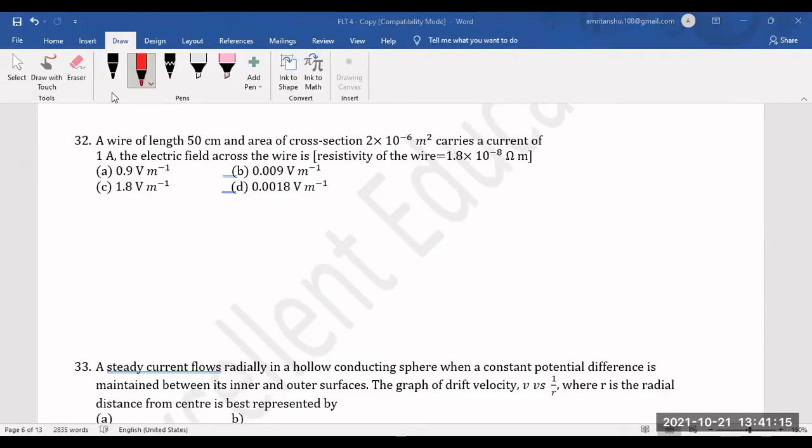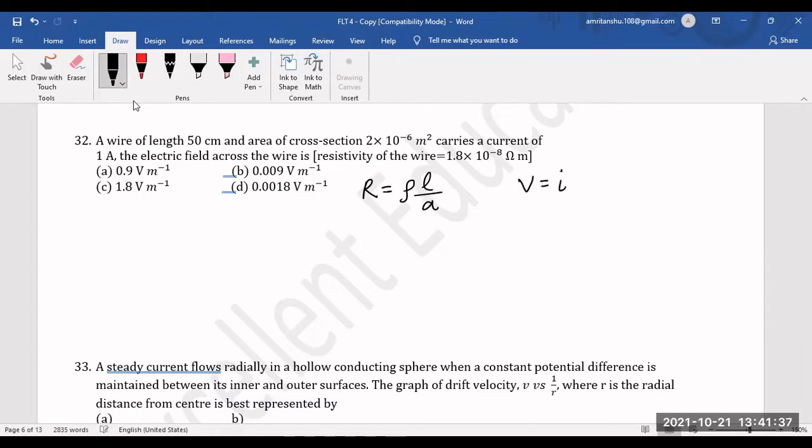Okay. So question number 32, we are given the cross section, length and current. So we can easily calculate the resistance of the wire. Resistance of the wire will be rho L by A. And we can also calculate potential difference.